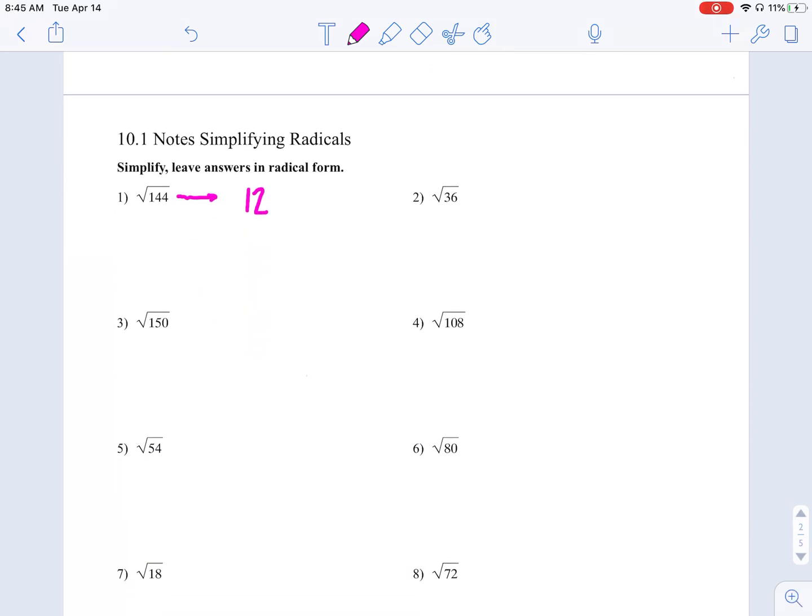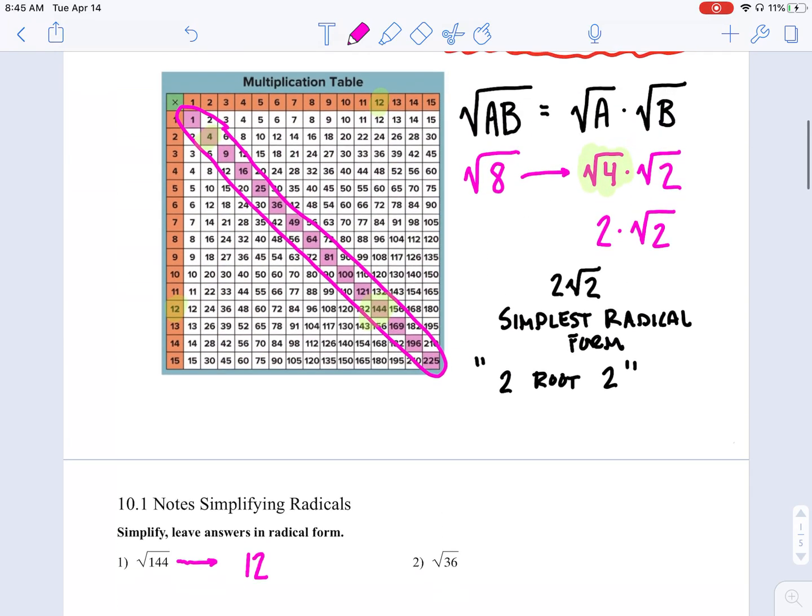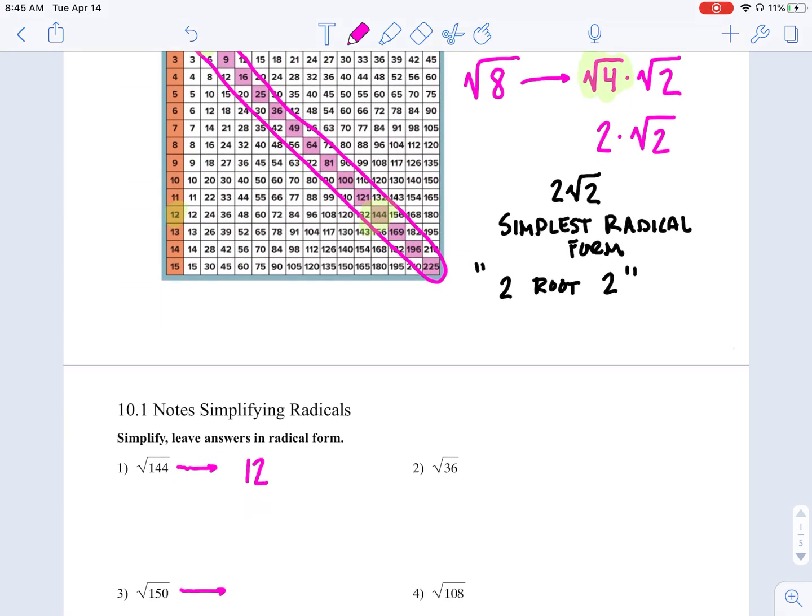150, however, is not a perfect square. So I can go back and look at my chart if I don't have these memorized. 150 is going to be in between 144 and 169. So let's just start checking off the list going backwards. 144 is not a factor of 150.